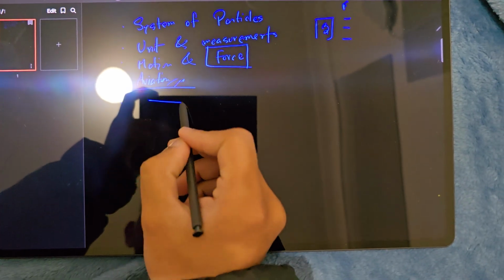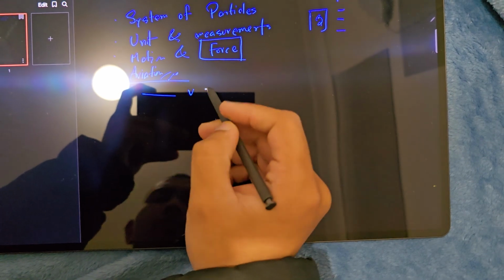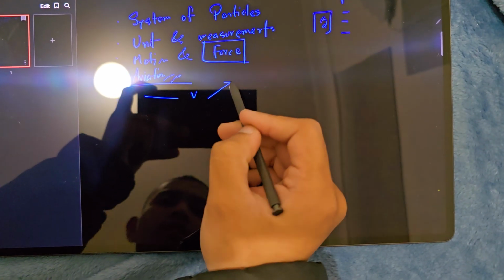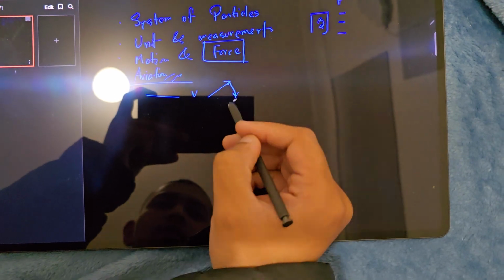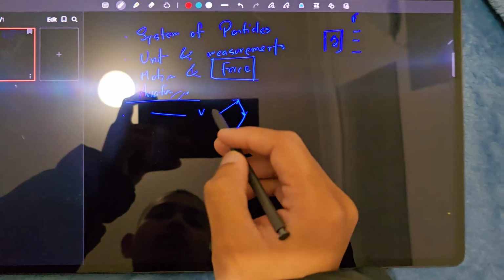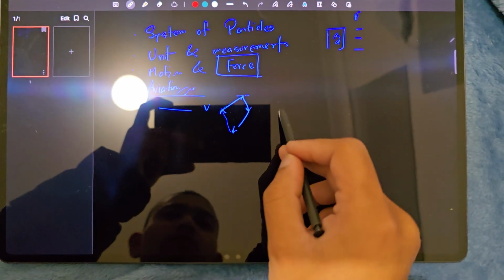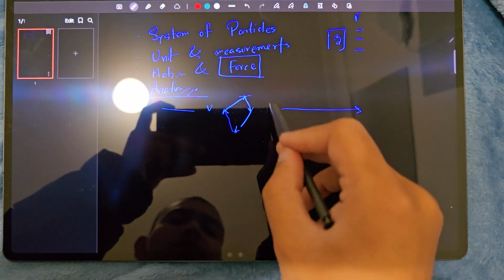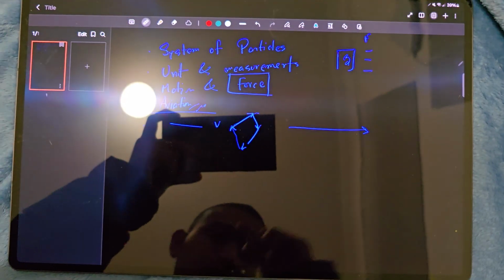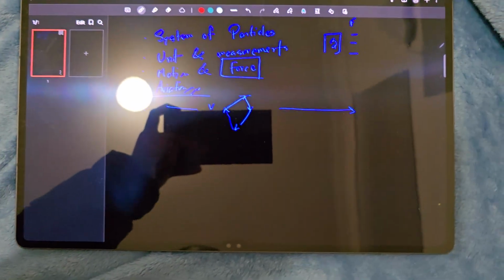The other one: straight line. With vectors, we can go here and here, to this direction, to this direction. Straight line, not a straight line. So the straight line motion and the vector type, where we change our direction, is not a straight line. You can call it curvature at some points as well, but it's not a proper form.